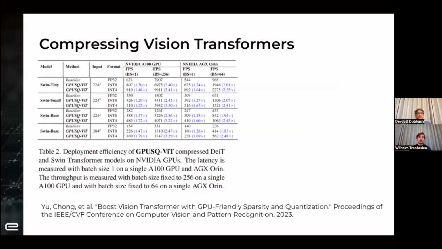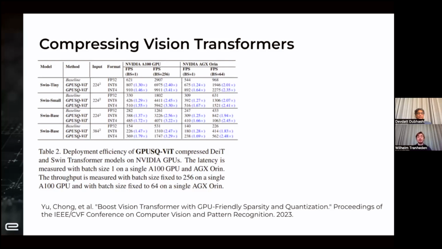And if we do this, we can actually get very powerful results, I would say. So here we see some results on a very common vision transformer in the literature, which is the Swin transformer. And we can see how this actually can have up to 4x speed up on certain NVIDIA GPUs.